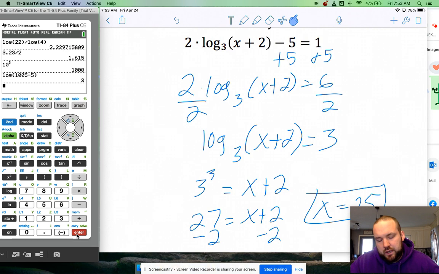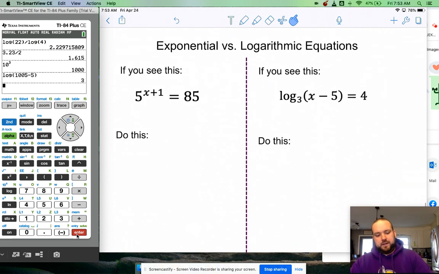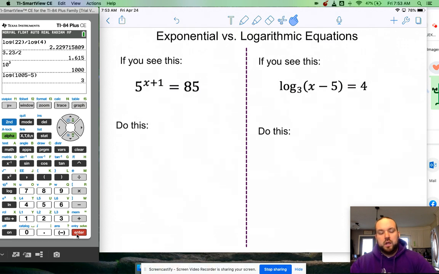Okay. Again, I know I'm moving through this quickly, but with the ability to pause and rewind, I want to keep this short. So, kind of a summary of the last two videos. Exponential equation, how to solve, versus a logarithmic equation, how to solve. Okay.